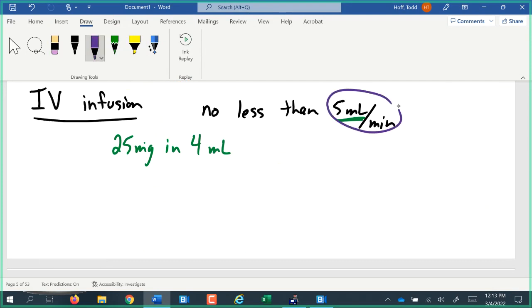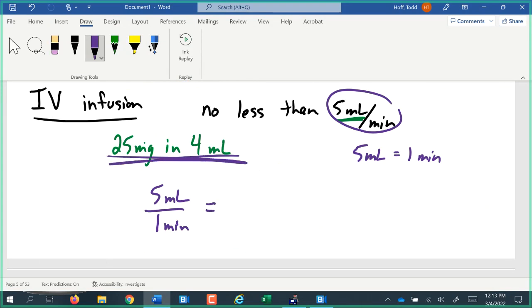Any rate can be used as an equivalency. That 5 milliliters is equivalent to 1 minute of infusion. Well, our 5 milliliters per 1 minute, we can also use that 25 milligrams is equivalent to 4 milliliters of fluid.